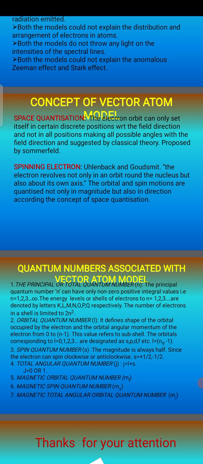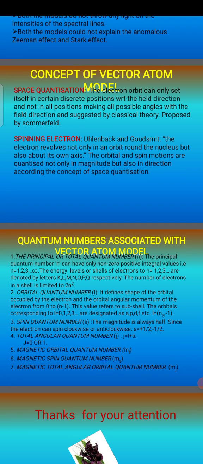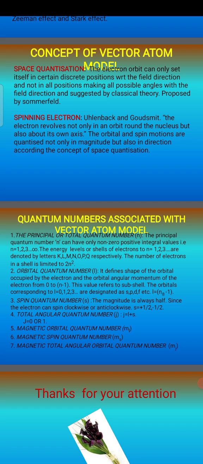Next one, the total angular quantum number j. This quantum number represents the resultant angular momentum of the electron due to both orbital and spin motions. Its numerical value is the vector sum of l and s. It is usually expressed as j equals l plus half, where the plus sign is used when s is parallel to l, and j equals l minus 1 by 2, where the minus sign is used when s is anti-parallel to l.